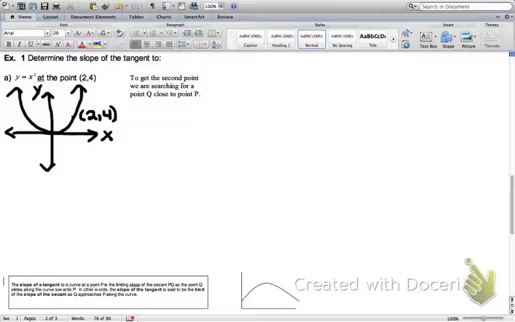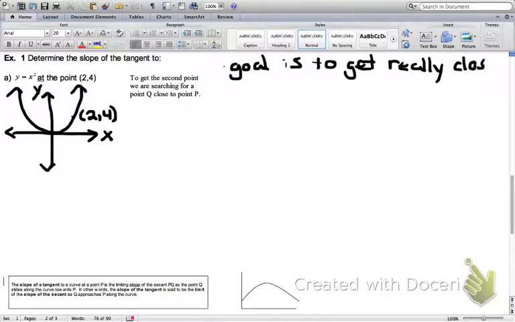Now to get to the second point, we're searching for a point Q close to point P. So what our goal really is, is to get really close, so our h is going to approach 0.